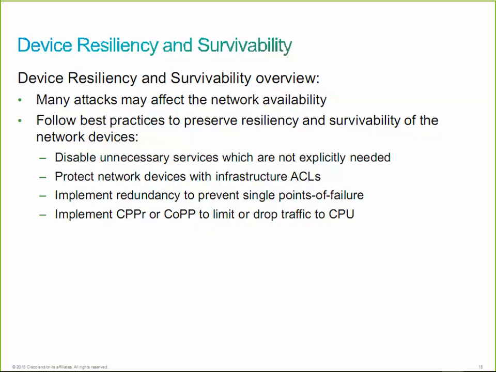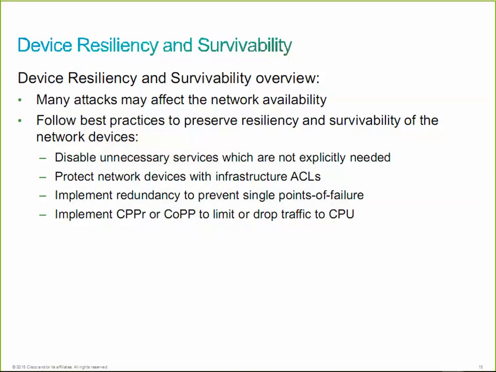The last bullet point on this slide is to protect the devices using control plane protection and control plane policing. COPP is our control plane policing, and CPPR is our control plane protection. What COPP does is it rate limits and drops traffic destined for the central processor of our network device.